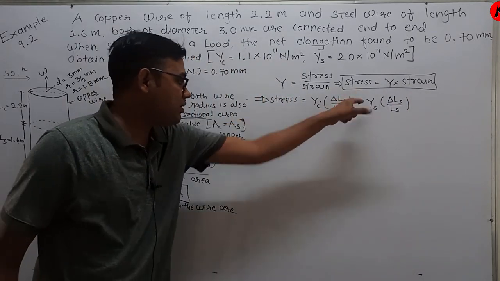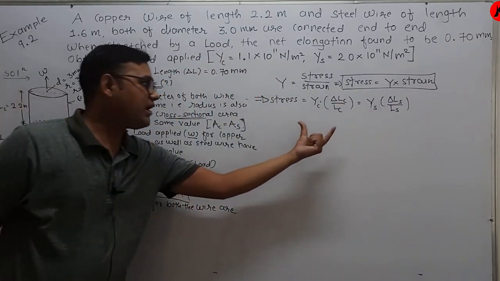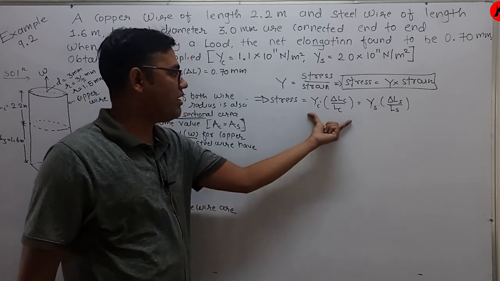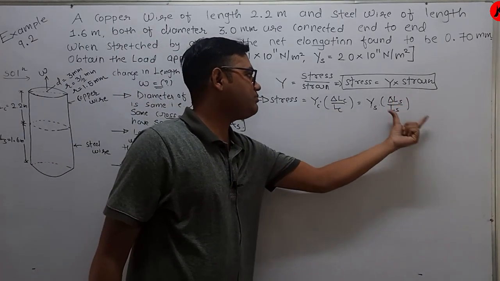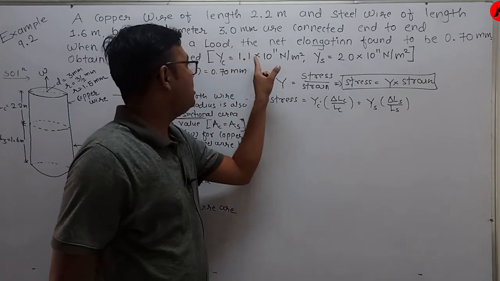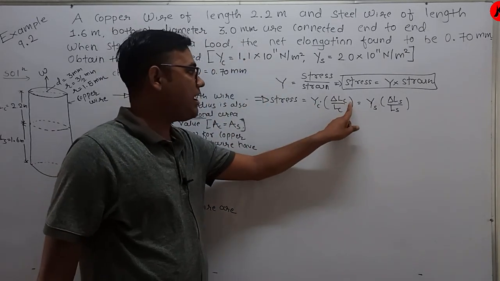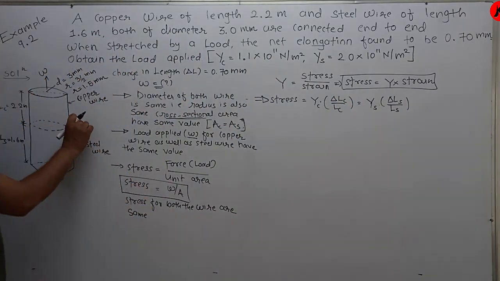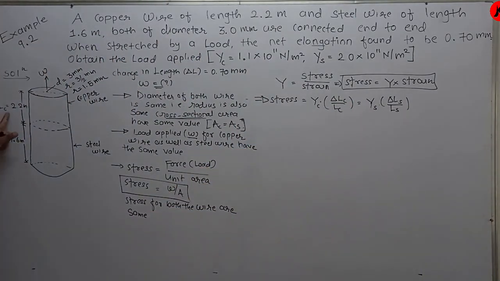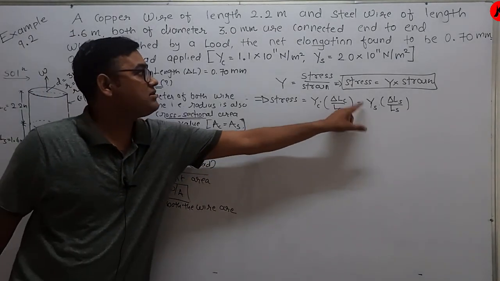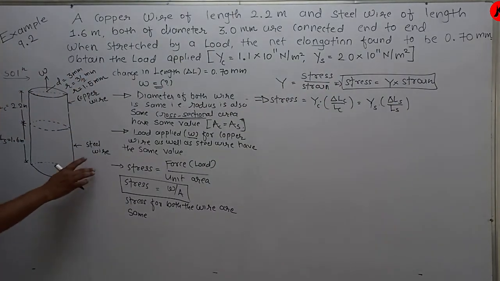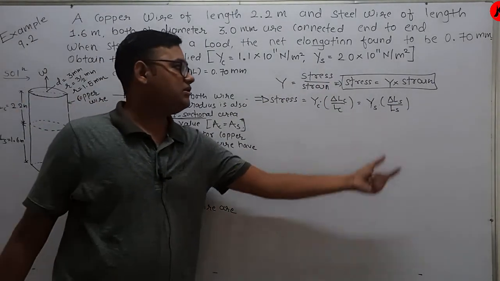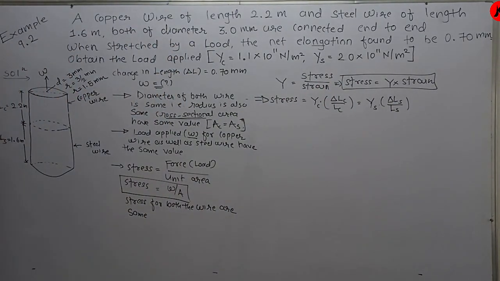Because stress for both the wires is the same, we can write stress equal to YC into delta LC by LC equal to YS into delta LS by LS, where YC is the Young modulus of copper wire, delta LC is the change in the length of copper wire, LC is the length of the copper wire. Similarly, YS is the Young modulus for steel wire, delta LS is the change in the length of steel wire, and LS is the length of steel wire, right?